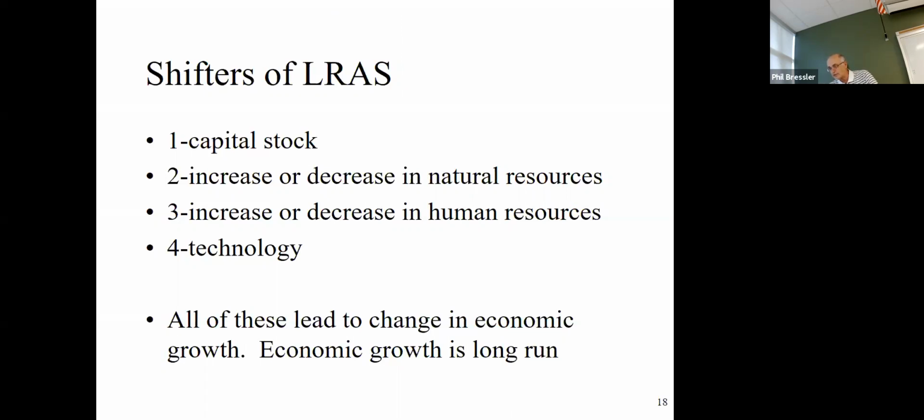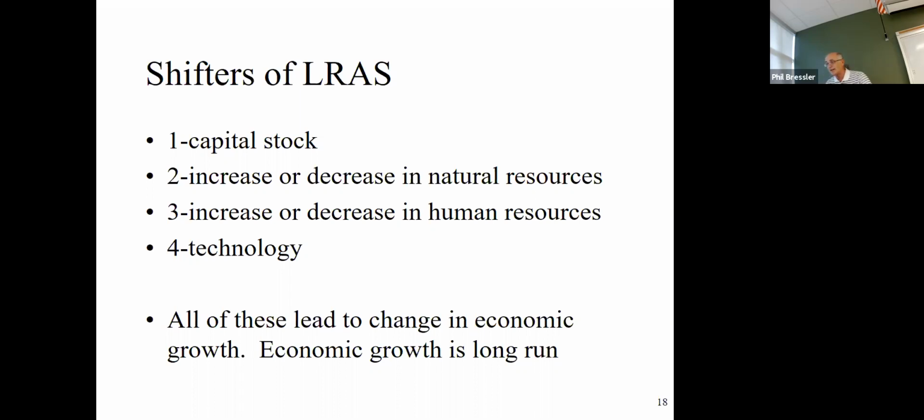Shifters of the LRAS: capital stock, like business investment, that's machines and equipment; increase or decrease in natural resources; increase or decrease in human resources; and technology. Those are really the same shifters of the production possibilities curve, except we don't use capital stock.